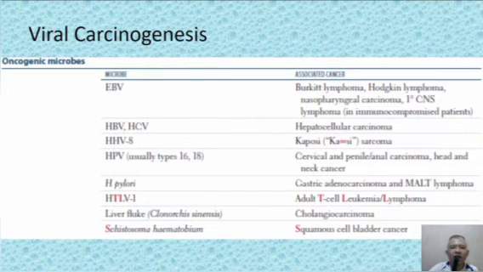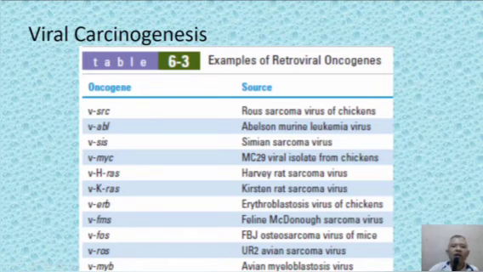And these are other examples as well. Schistosoma haematobium leads to squamous cell bladder cancer. And these are the viral oncogenes that we mentioned a while ago. These are incorporated into the human genome, causing carcinogenesis.